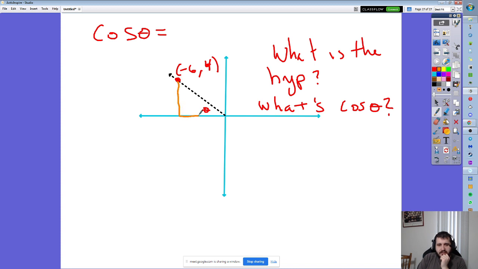We want to use that central angle so that we're doing the right thing. Here's our x value, which is -6. Here's our y value, which is 4. And basically, we just made a right triangle, right?